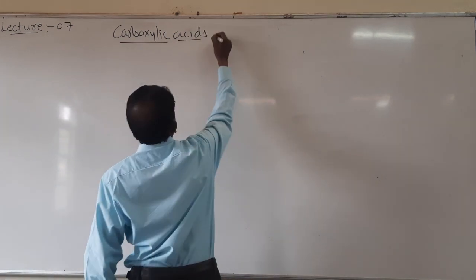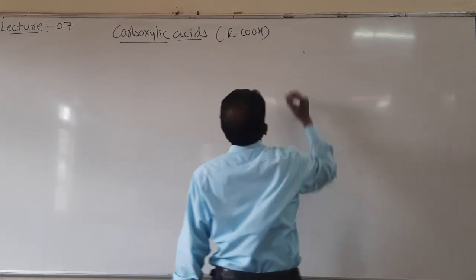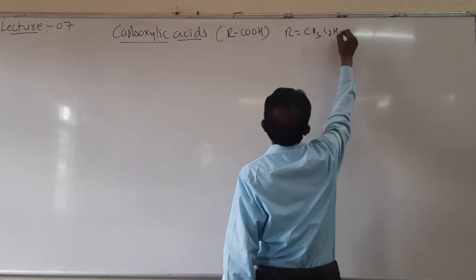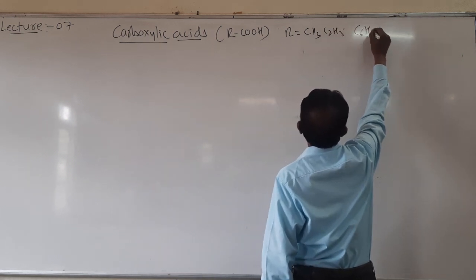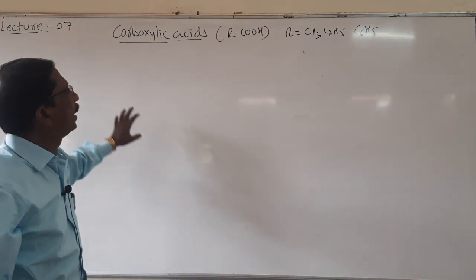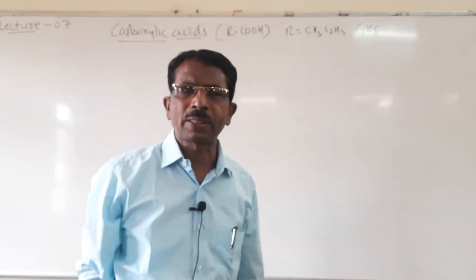Carboxylic acids, general formula RCOOH, R is equal to CH3, C2H5 or C6H5 or C6H5CH2, anything. So here these are called carboxylic acids. So students, what are carboxylic acids?